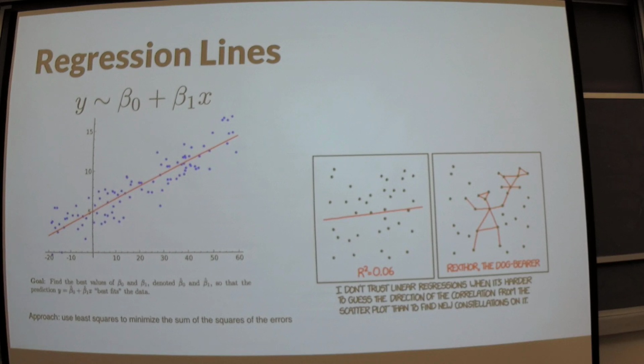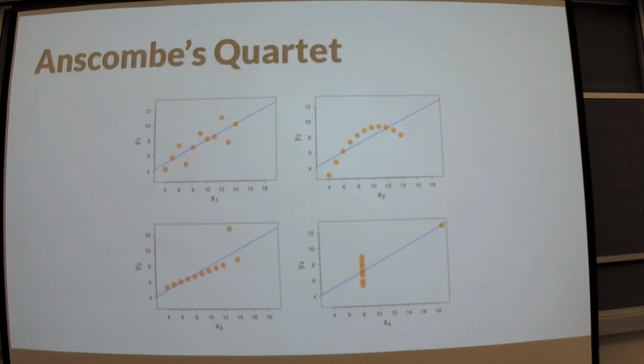And this is just an XKCD comic that you shouldn't trust linear regression when it's harder to guess the direction of the correlation from a scatter plot and to find new constellations in it. Usually the regression lines are quite useful and they're easy to integrate. Just remember that regression lines do not always tell you everything that you need to know, but they can still be useful.